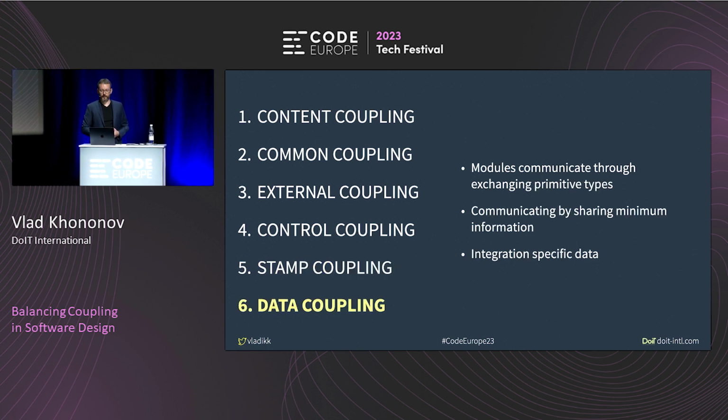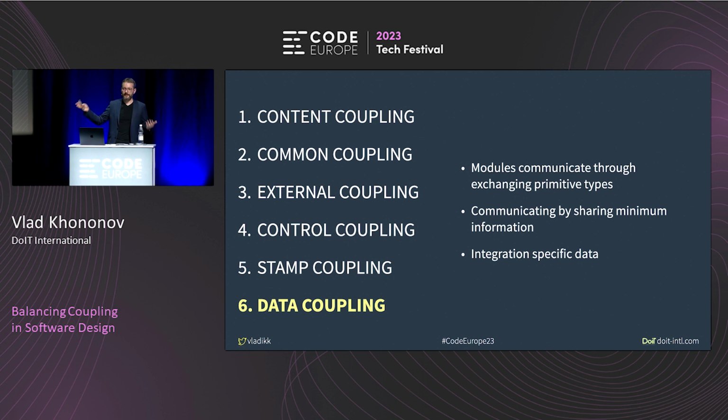And finally, we have data coupling. This is the lowest and the most desirable level in structured design. Here, the modules are communicating by passing arguments with integration-specific data only. In structured design, this is the most explicit and the most compact way of sharing information between the modules.